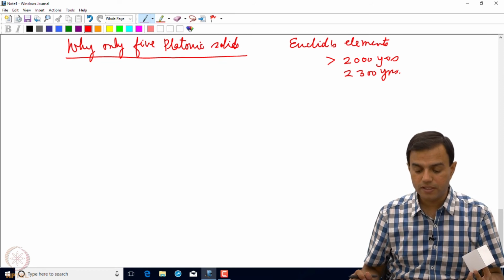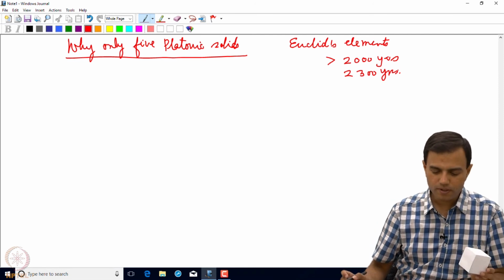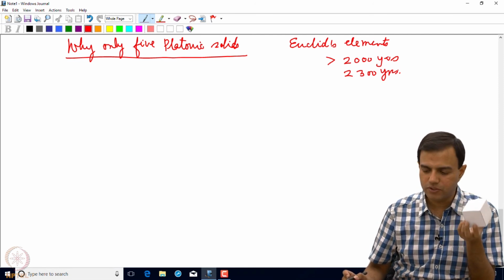Euclid actually mentions Platonic solids. Quite interesting. Okay, so why only 5 Platonic solids?